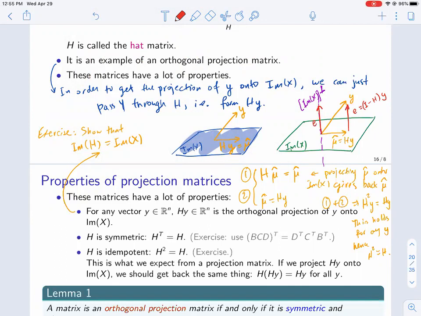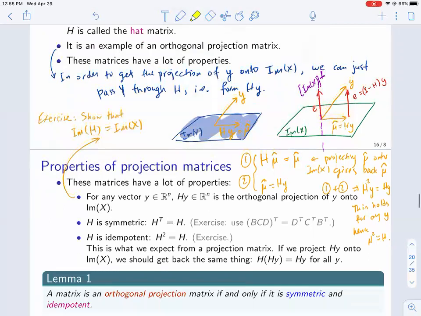We're not worried about the origin of the vector, I am shifting it. So you can see that I can decompose y into mu hat plus e. Mu hat is in the image of x, and e is in the image perp.